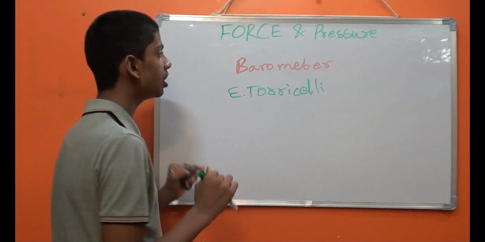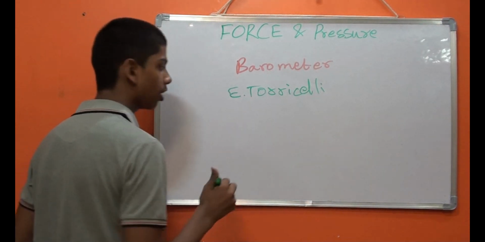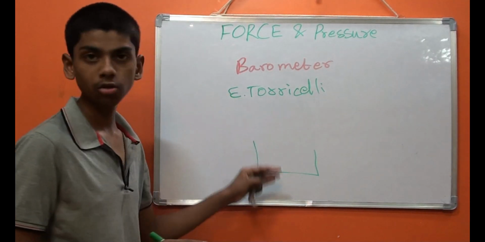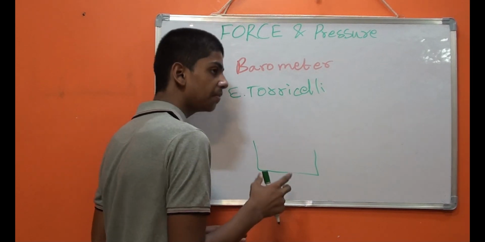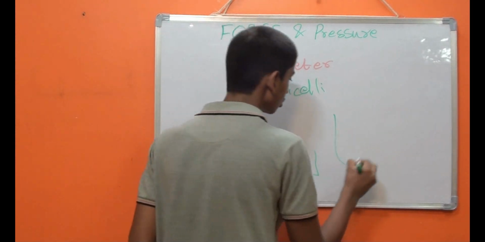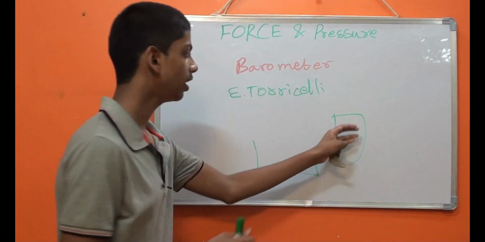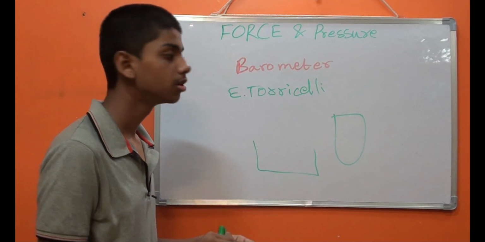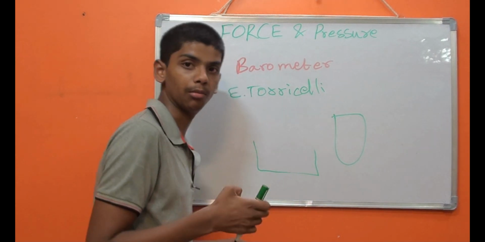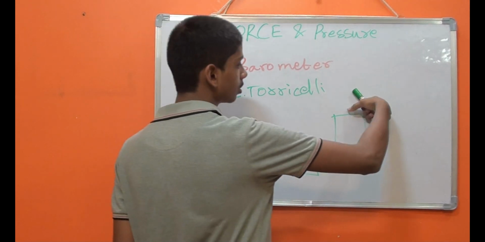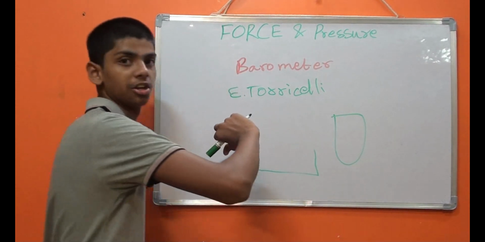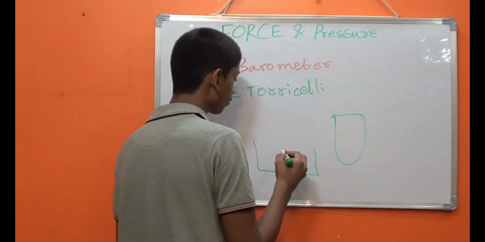Now let's see how he made the barometer. This person took a bowl. He filled a tube with mercury. Now he kept his thumb on this tube like this, flipped it and kept it in this bowl.